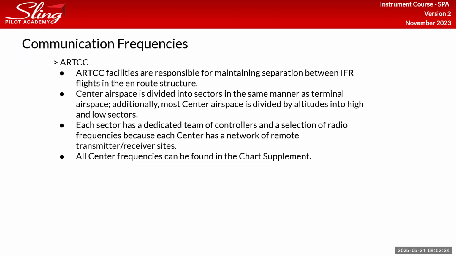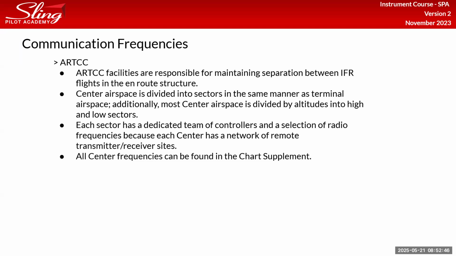So TRACON is going to be your approach and departure, so SoCal approach, SoCal departure. That is TRACON. ARTCC is going to be the en route structure. So when you're more than 30 nautical miles away from a facility, you're going to be on the center frequency.